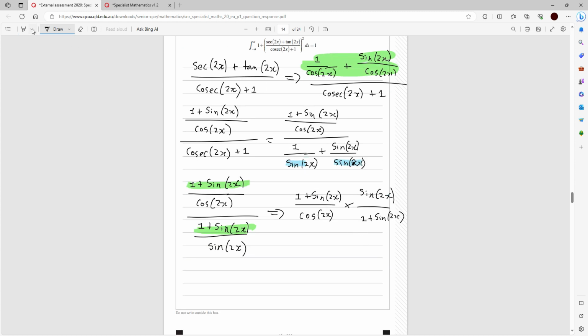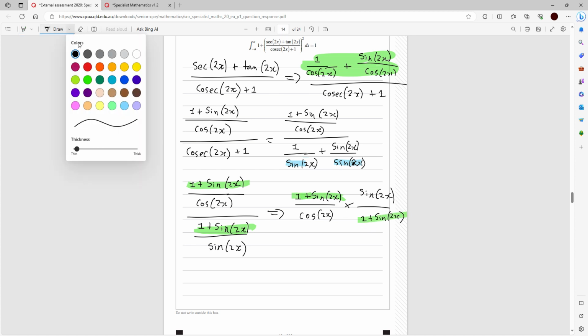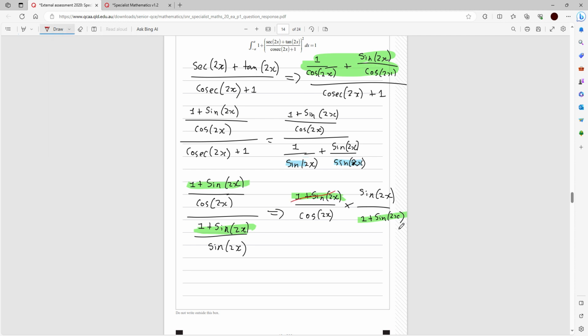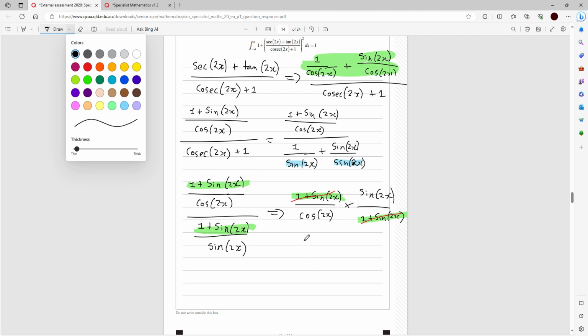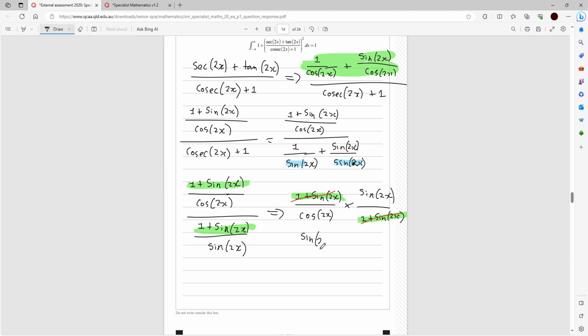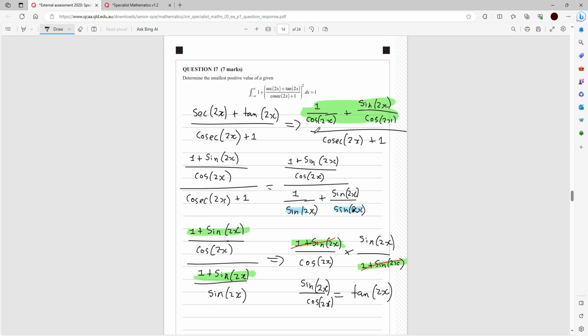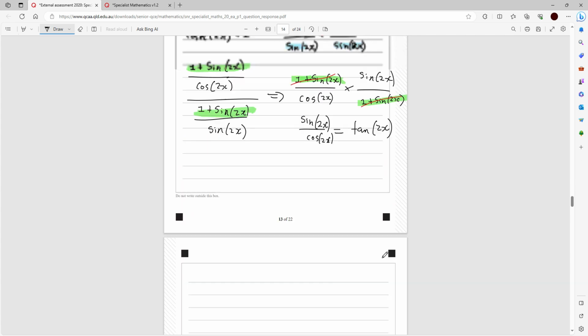And since these guys are the same, you can cross cancel because they're being multiplied. So we chuck a big red dash through both of them, and that whole monstrosity turns into sine of 2x on cos of 2x, which is tan of 2x. So that whole trigonometric mess just simplifies to tan of 2x.